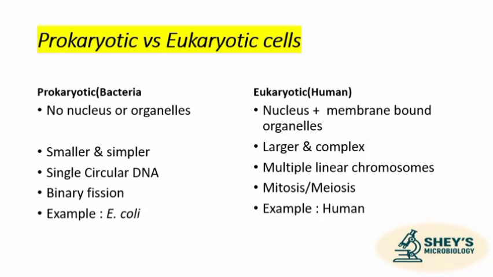Now, let's compare prokaryotic versus eukaryotic cells because this is one of those core concepts that will keep coming up again and again. So think of prokaryotes, that's bacteria, as the simpler model. No true nucleus, no fancy organelles, their DNA is just one circular loop floating around. On the other hand, eukaryotic cells like human or plant cells are bigger, more complex and have compartments.